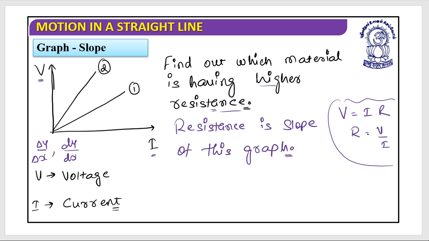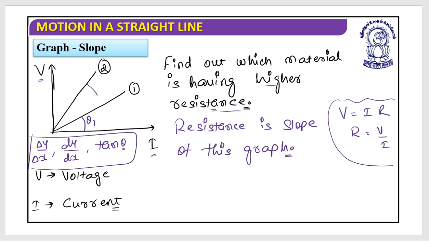Another is dy by dx. And the third is tan theta. Which one would be useful at this point? I can easily see that tan theta will work for me.